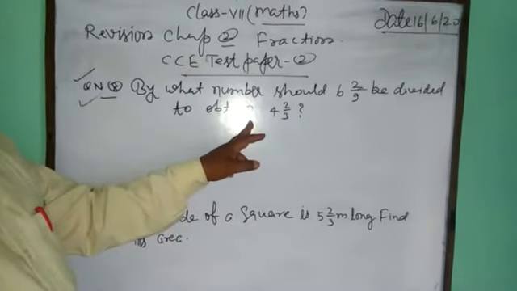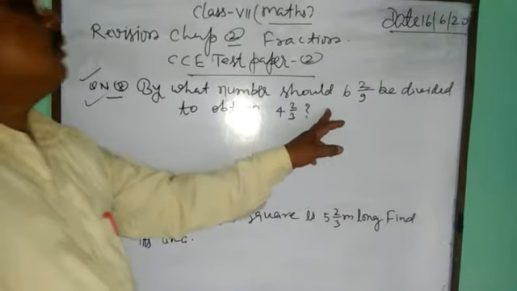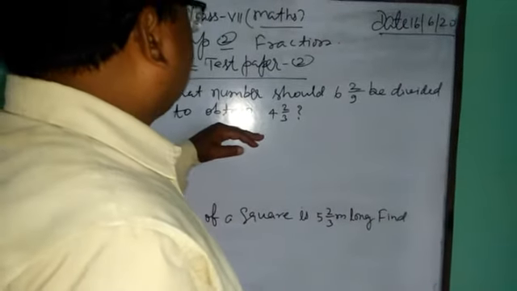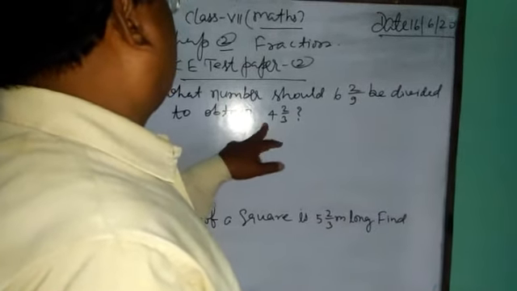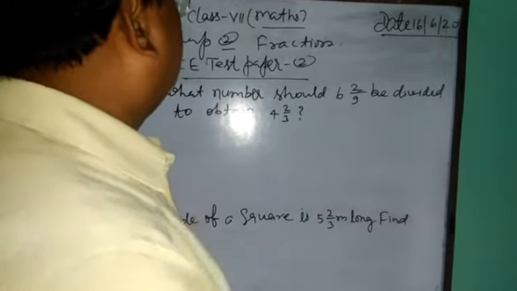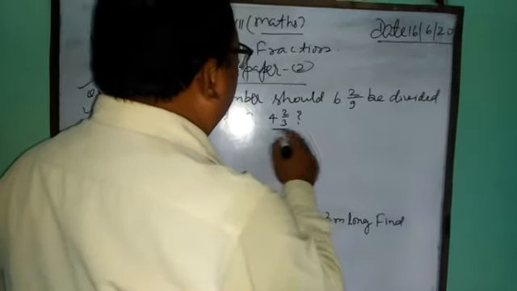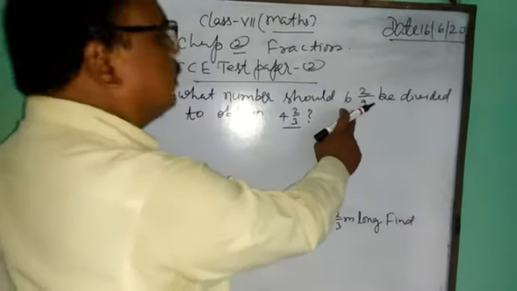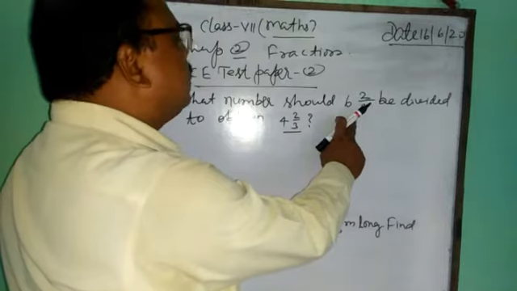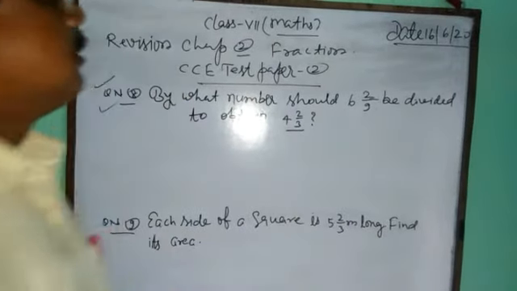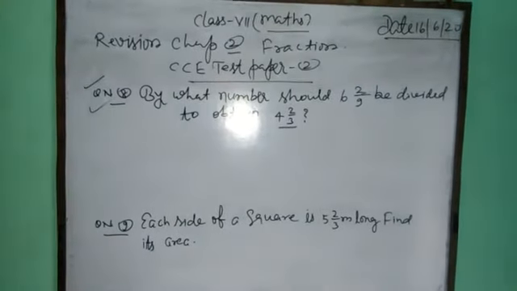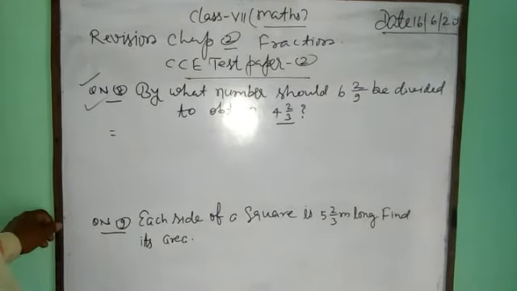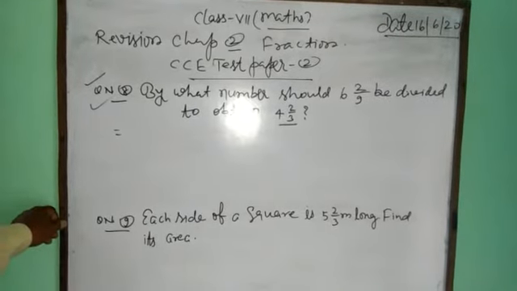By what number should 6 whole 2 by 9 be divided to obtain 4 whole 2 by 3? 4 whole 2 by 3 means the quotient, the result. That is divided, we find the divisor. So by question we write, the required number be x.